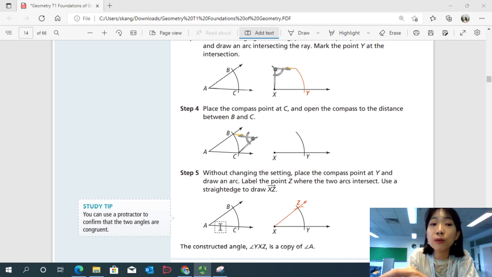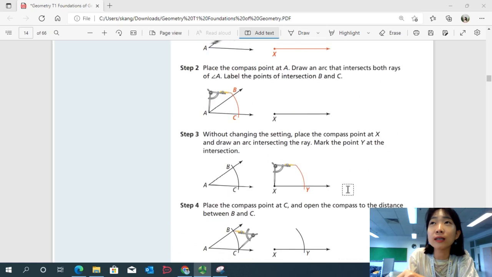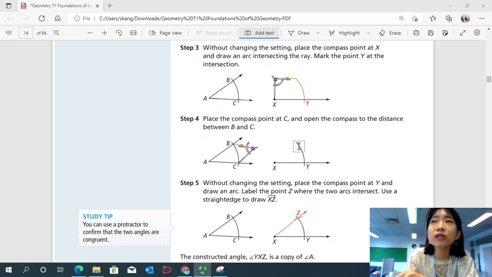If you want to measure these angles and see if they're really the same, you can do it, and copy as many times as you want using the exact same steps. You will get the same angle. I dare you to try it if you do not see why this works, because you're using two arcs and an intersection point of those two arcs, so it has to be the same distance from both points.